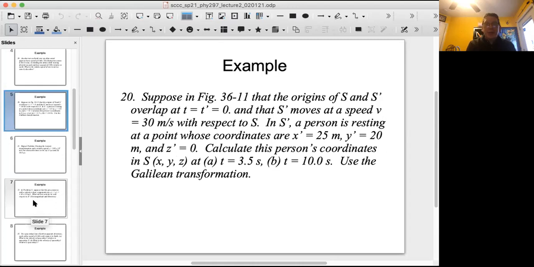Calculate this person's coordinates in S, x, y, z, at t equals 3.5 seconds and t equals 10.0 seconds. Use the Galilean transformation.